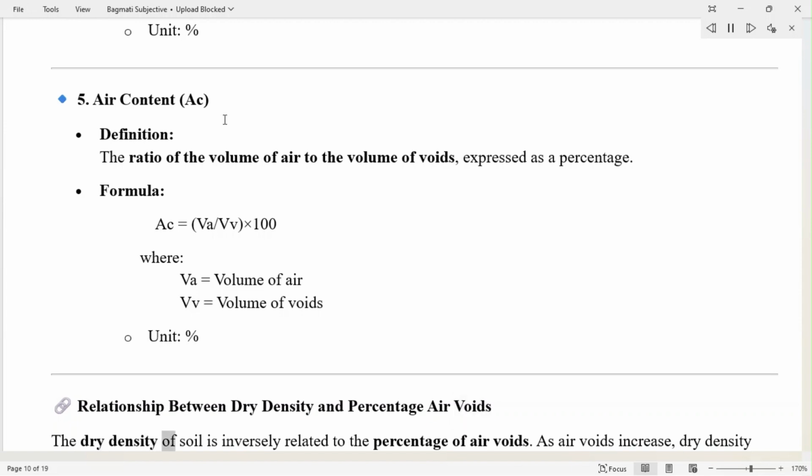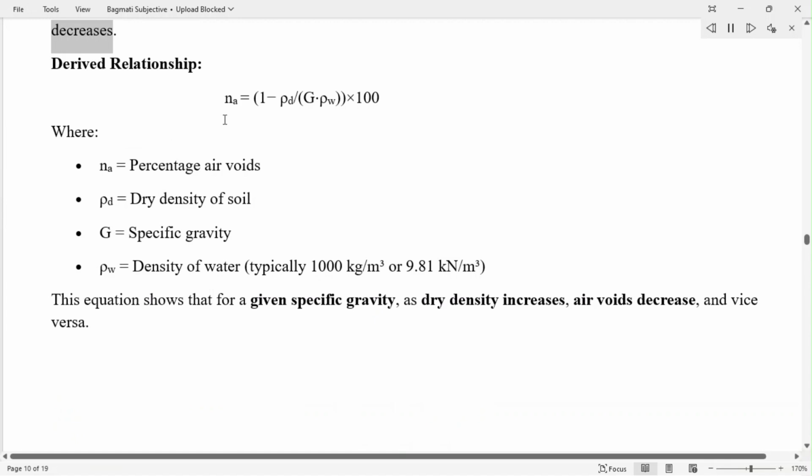The dry density of soil is inversely related to the percentage of air voids. As air voids increase, dry density decreases.